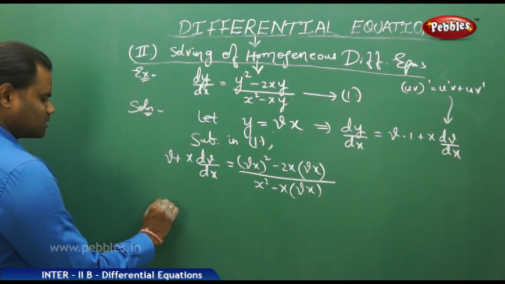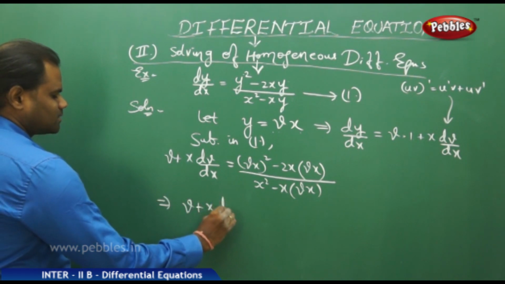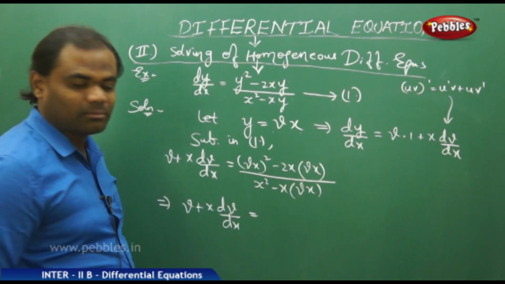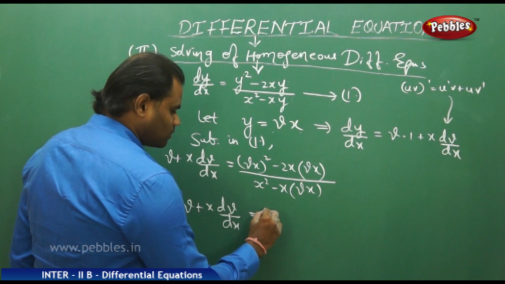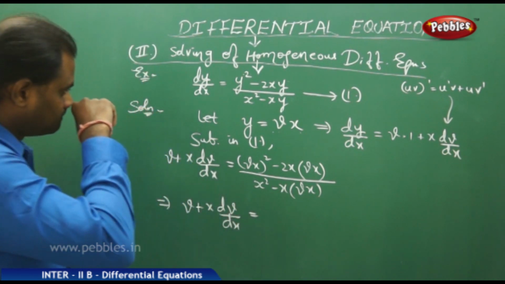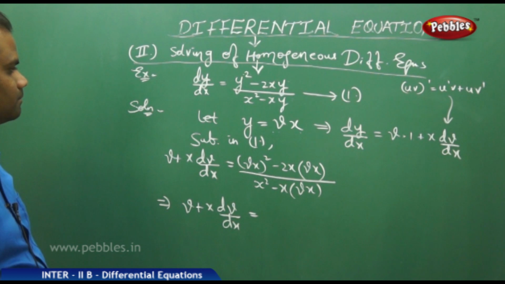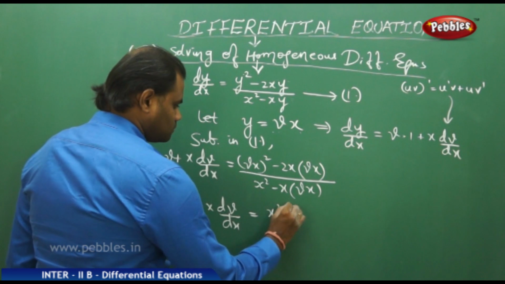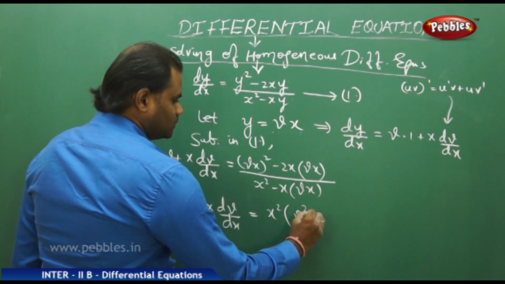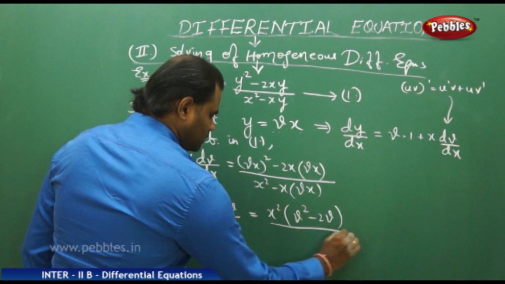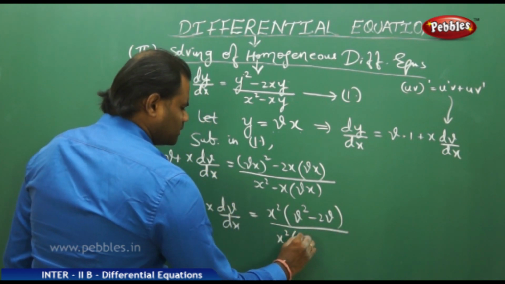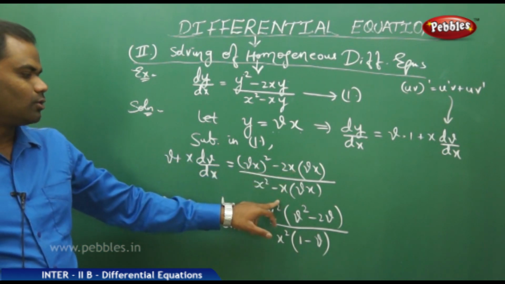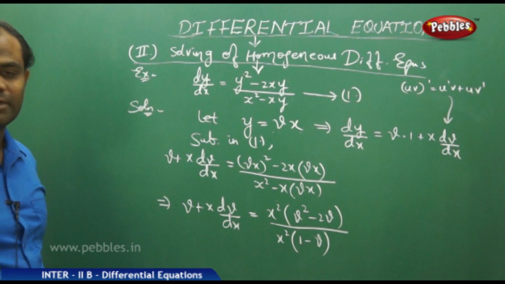Now this, on further simplification, gives v plus x dv by dx, and taking x squared common on both sides, v squared minus 2v, by taking x squared common here, this is 1 minus v, is how we get by taking common on the numerators and the denominators respectively.